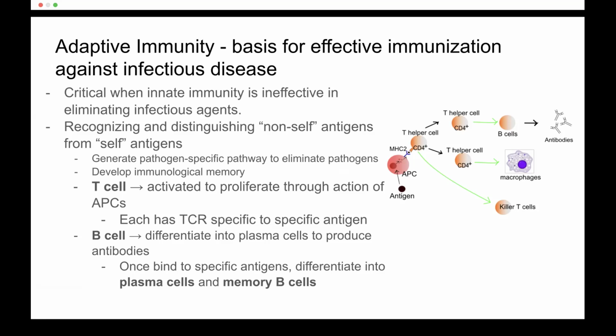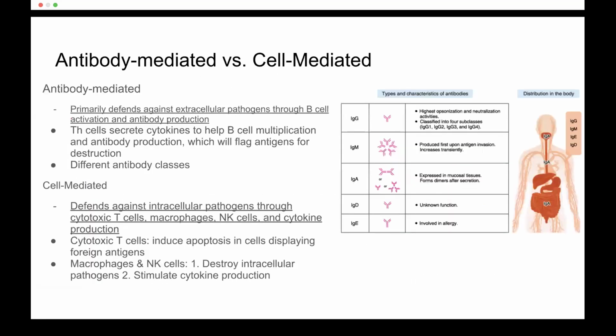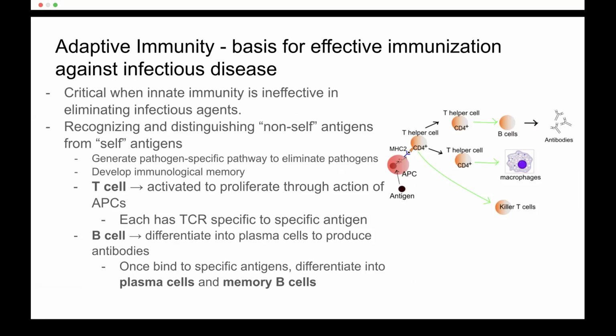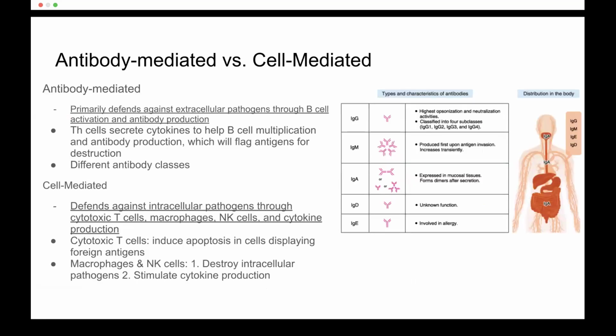But basically, it will produce antibodies after binding to B cells and recruit immune cells like macrophages and killer T cells. So that's a very, very brief summary of adaptive immunity.